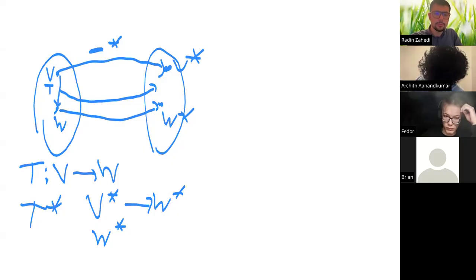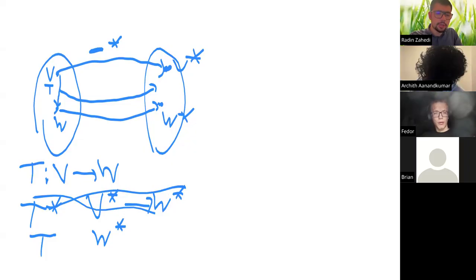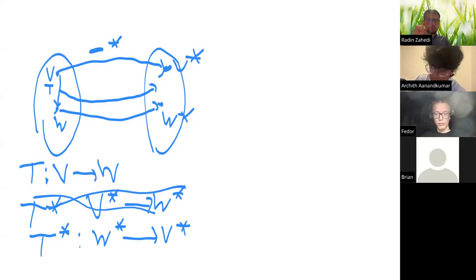We cannot do so. However, there turns out to be a very good way to construct a linear map taking W star to V star instead. So that's some part of the dualism. In this case, we reverse the direction of our linear maps, which turns out to be quite the case in mathematics when we're taking some objects and transformations to some other objects and transformations. So let's construct this T star.